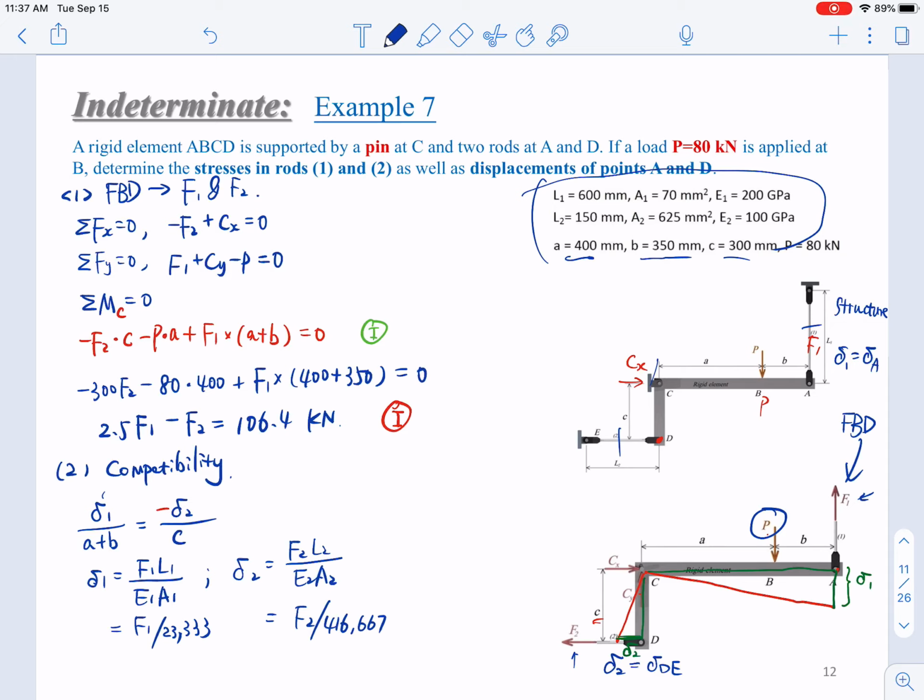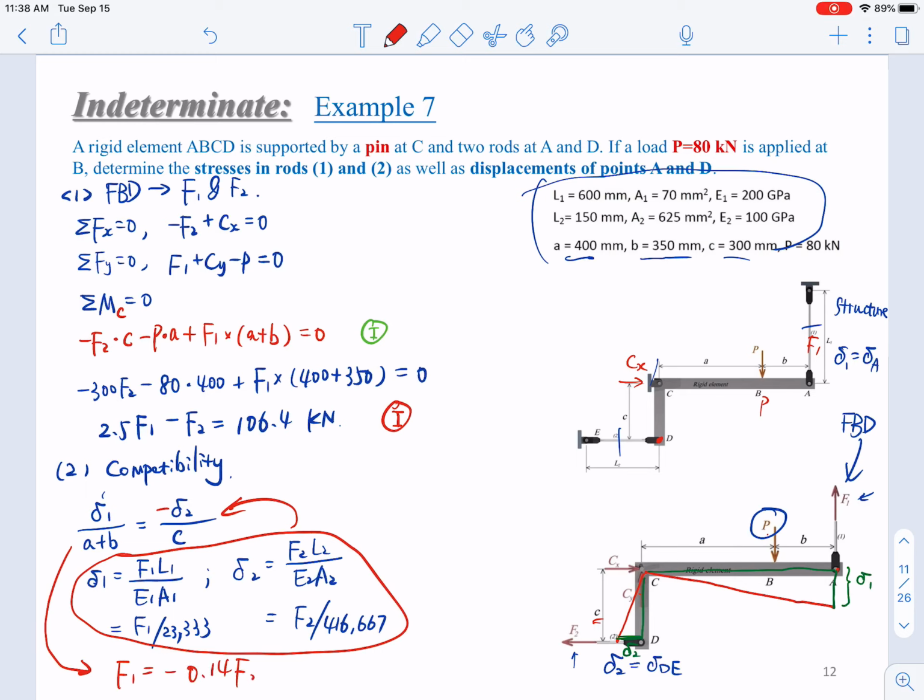So based on here, we substituted all of this stuff into this equation, then we can get a correlation between F1 and F2. Right, that will be F1 equals negative 0.14 F2.